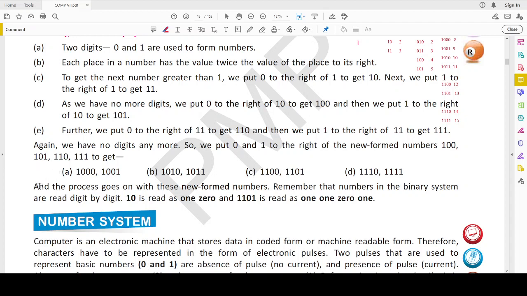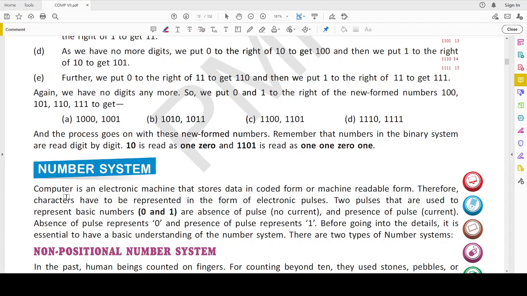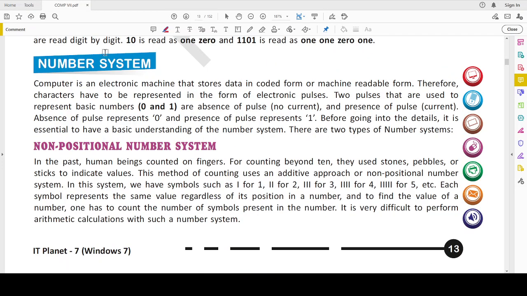Remember that the numbers in the binary system are read digit by digit. 10 is read as 1 0, and 1101 is read as 1 1 0 1. It is not read as one thousand one hundred and one. If you say that, you are wrong, because this is not a thousand, not a hundred, and not one.